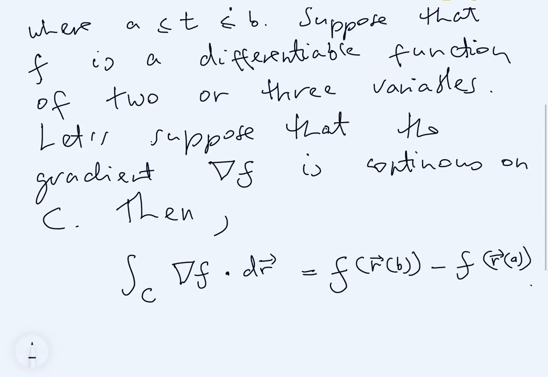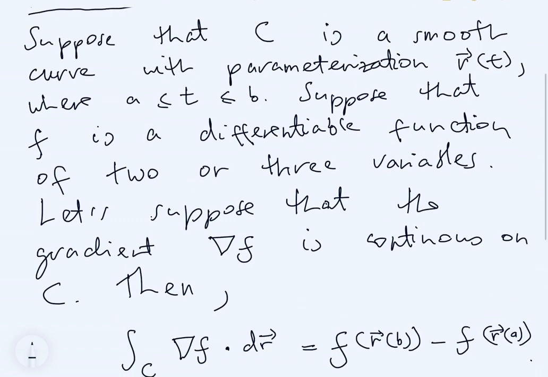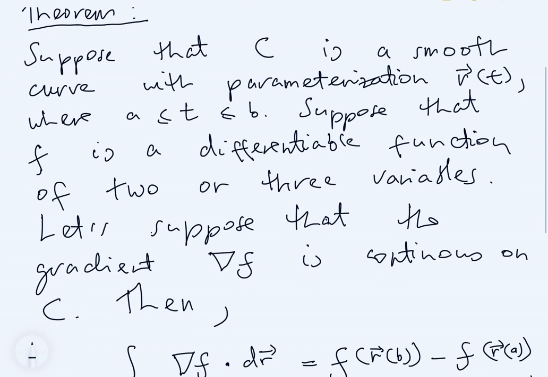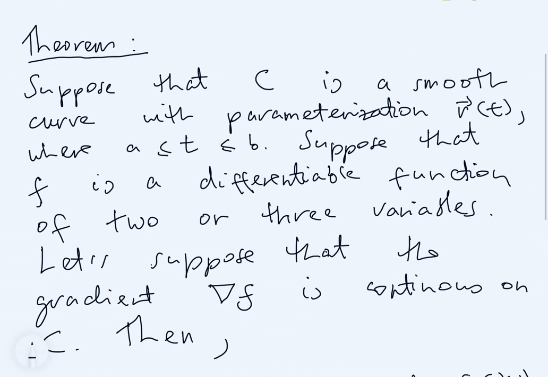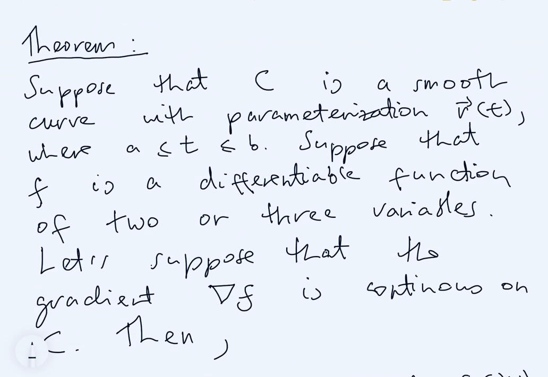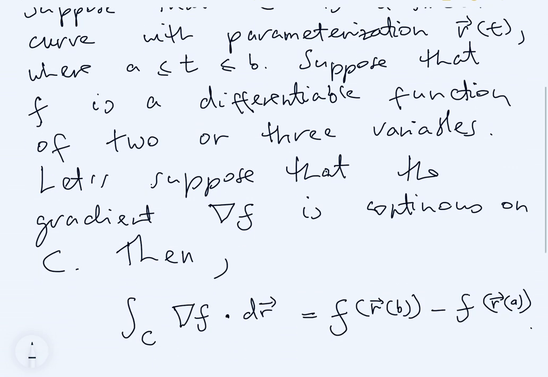So you basically evaluate r at b, and you evaluate r at a, and then you get f of r of b minus f of r of a. This is the theorem statement for the fundamental theorem of line integrals.